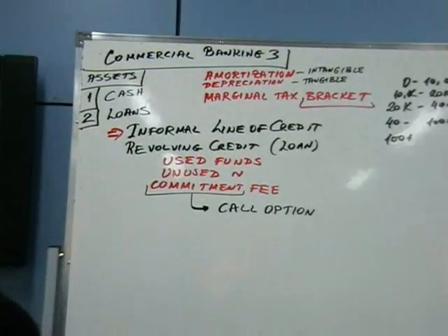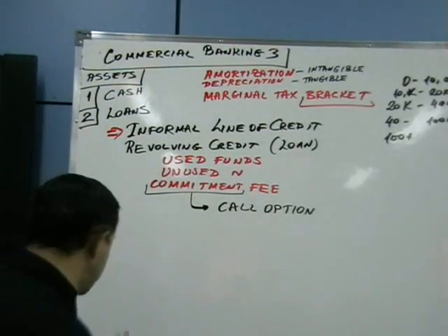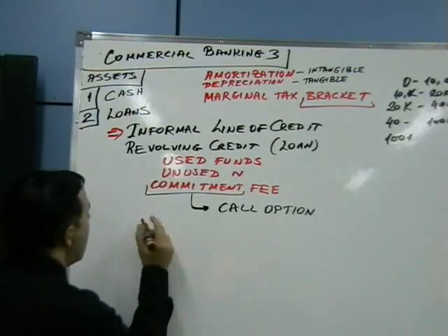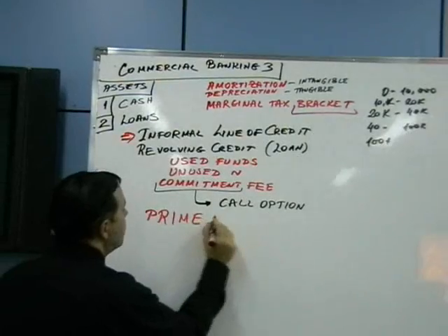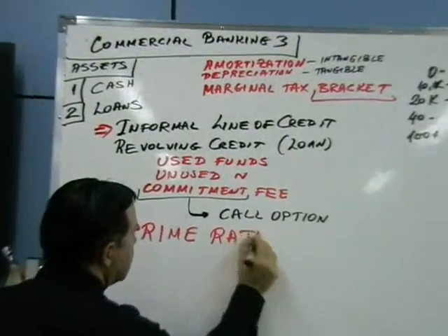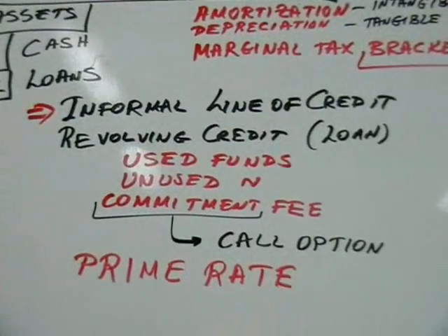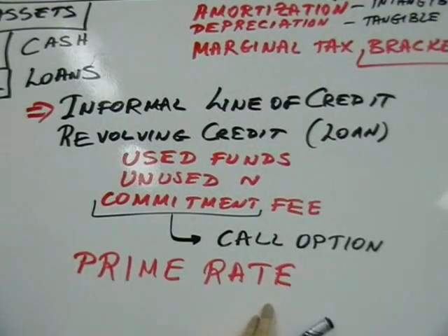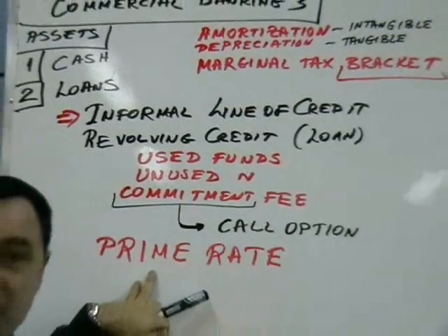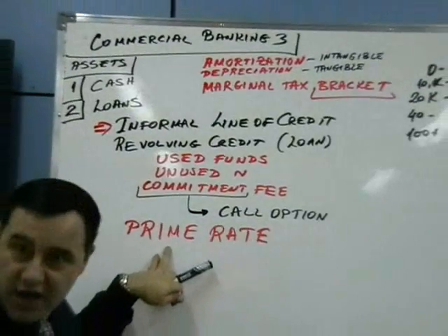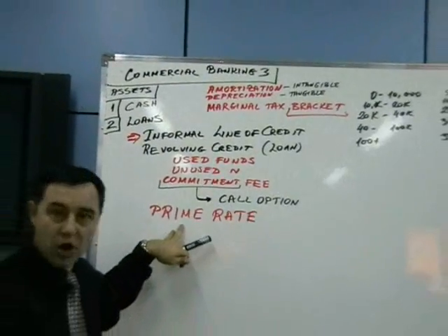That's the commitment fee. So when they charge the customer, did I cover last time the prime rate? Yeah. The prime rate is the interest rate which a financial institution charges a creditworthy, highly rated borrower.